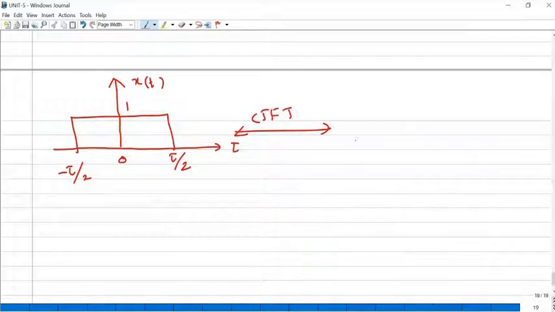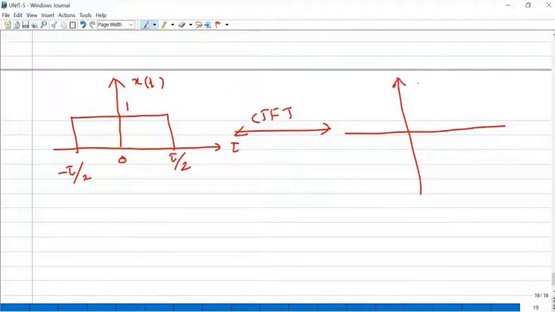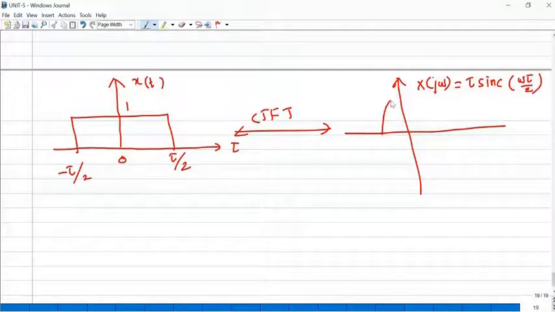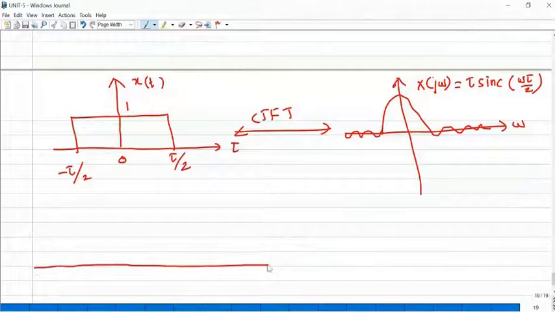The result is X of j omega equal to tau sinc of omega tau by 2. If you sketch it like this, x of t is a rectangular pulse, and the result is tau sinc of omega tau by 2. Apply the duality principle.